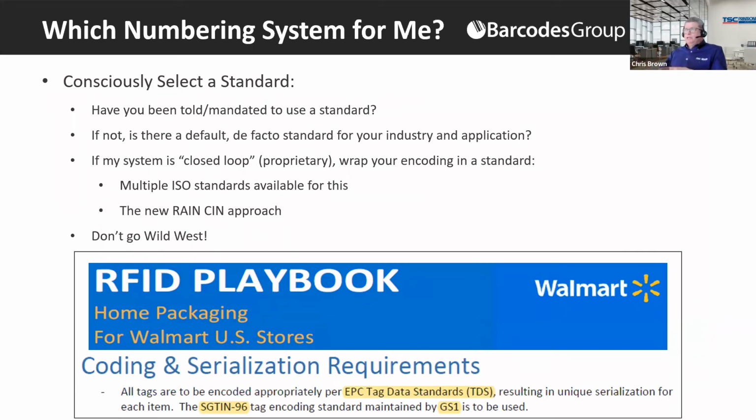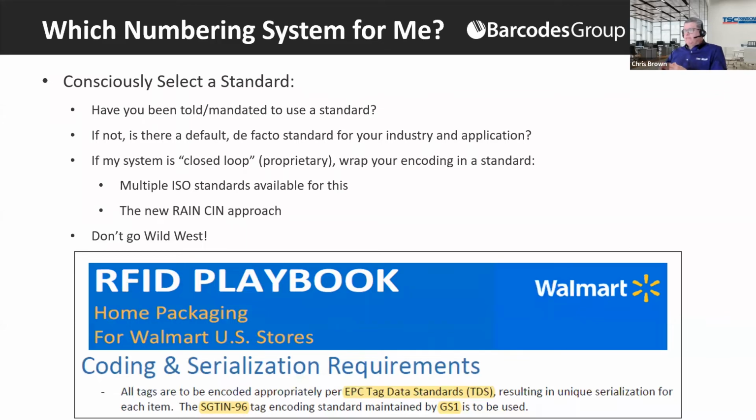So I hope that you understand the basic concept that you should choose to use a proper numbering system. Don't go Wild West and just start encoding your tags. But now that you understand the basic importance of choosing a proper numbering system, which one should you select? Well, the first question is, have you been told or mandated to use a specific standard?